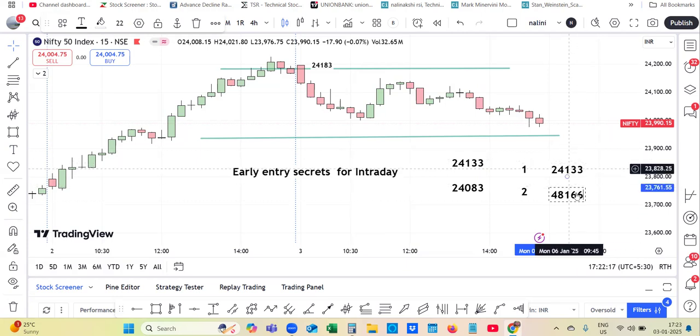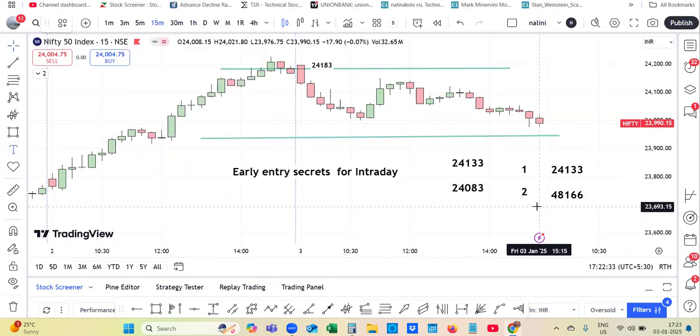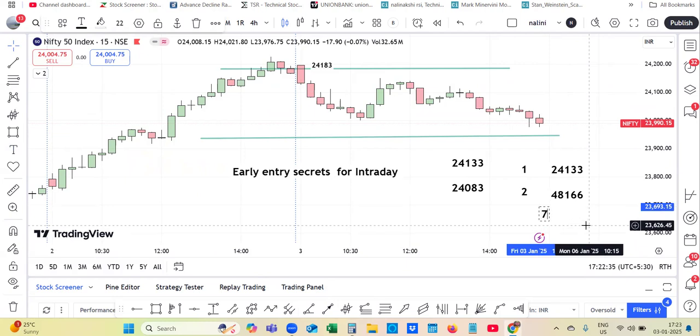I add up these two values, 24,133 and 48,166, and I get 72,299.